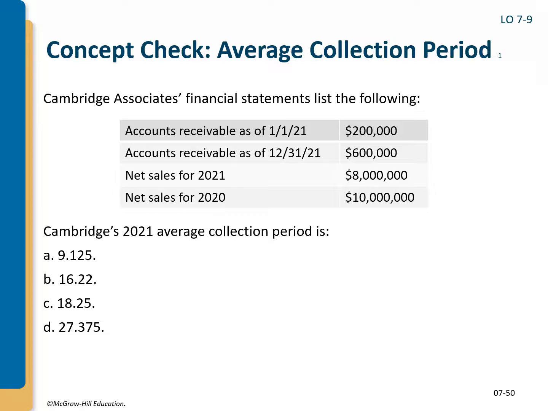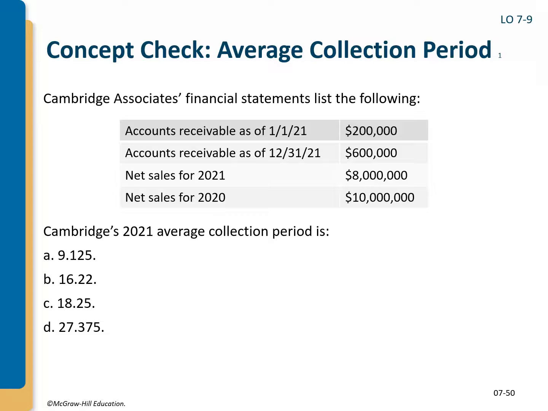So Cambridge Financials lists the following: a quick computation of their 2021 average collection period. So we'll take their 2021 net sales of $8 million divided by their average accounts receivables, 200 plus 600, 800, divided by 2, 400.